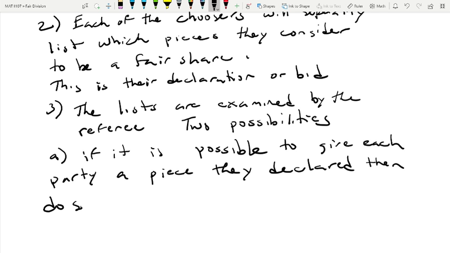And the divider gets the remaining piece.